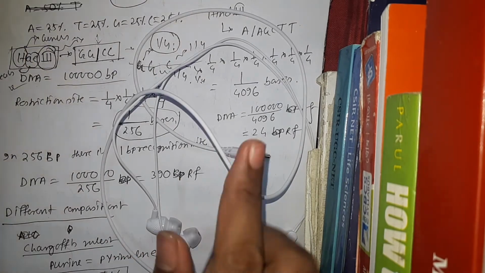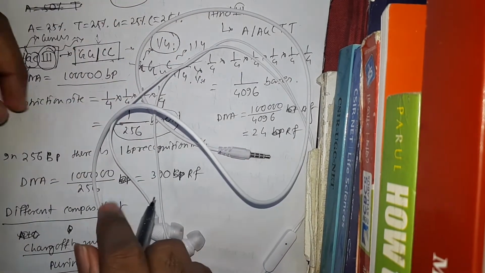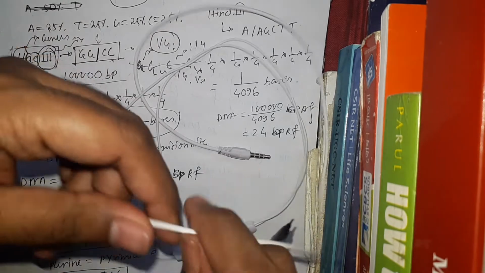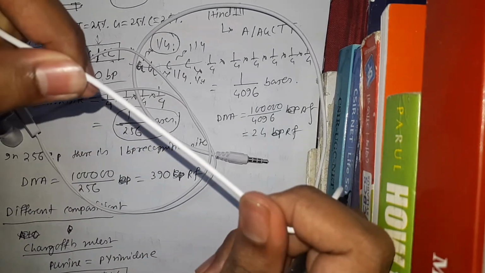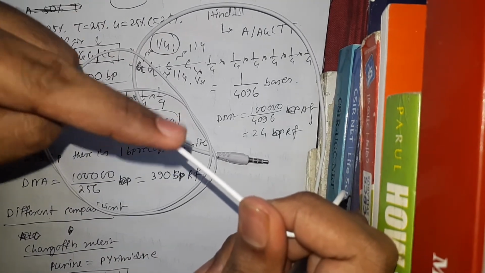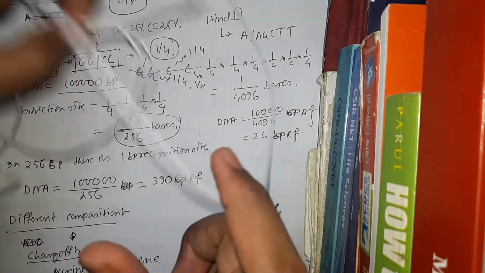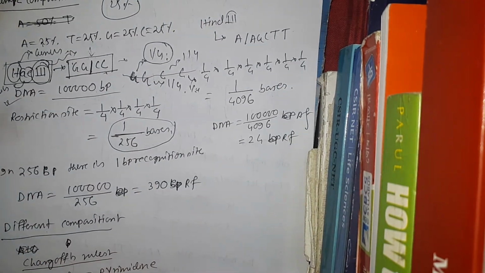Suppose this was our 1 lakh base pair chromosome. Then in every 256 base pair stretch, suppose this length is 256 base pair, there can be 1 restriction site. That is what these math problems want to tell us.